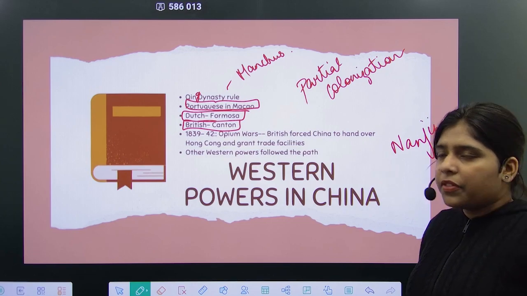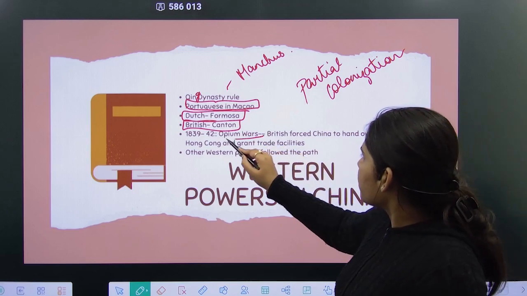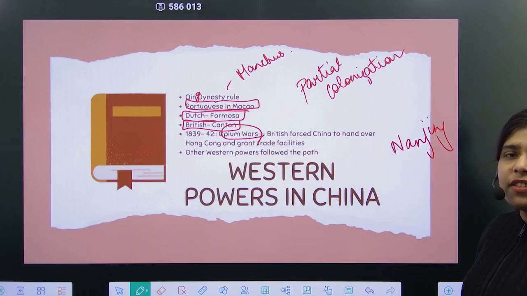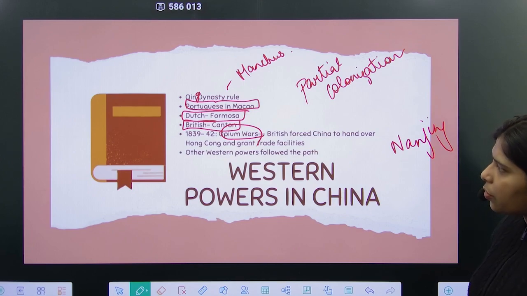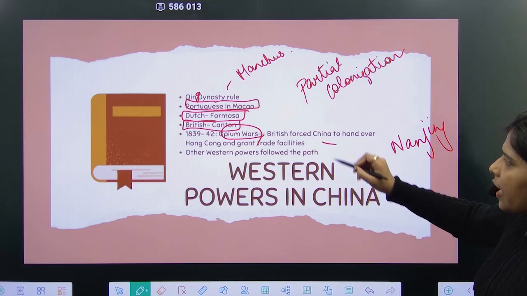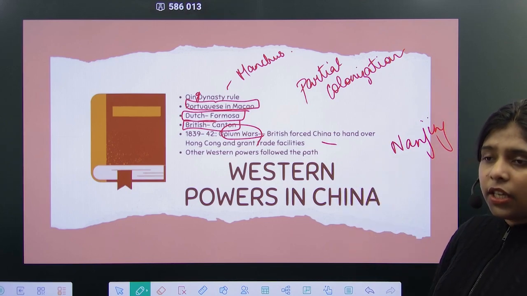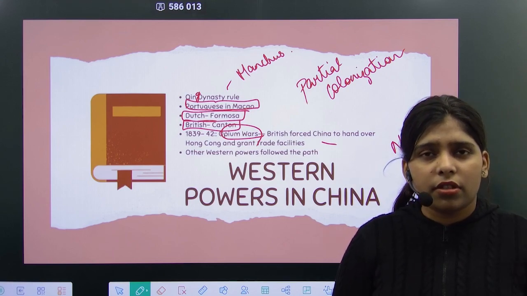But only after they fought the Opium Wars. So this Opium War happened between China and Britain, where Britain actually forced China to hand over Hong Kong and grant trade facilities to it. And that's how British got their base in China, followed by the other Western powers. All right. So this was the origin of colonization in China.